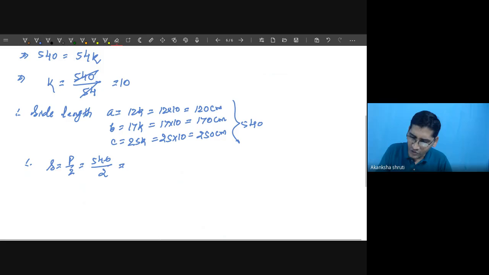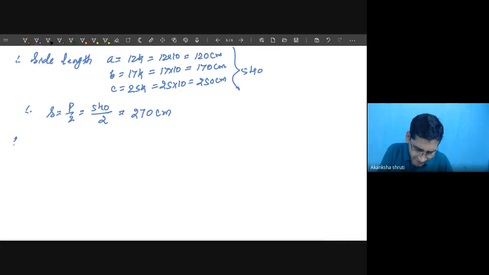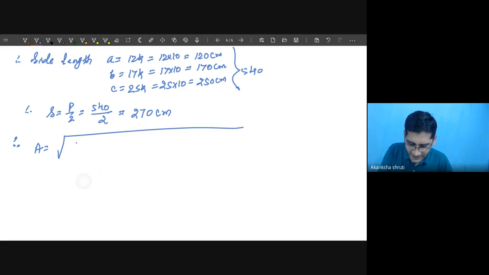Directly you can use it. So we have used that 540 by 2. It becomes 270 centimeter. Therefore, what is the area? The area is calculated by the square root of s times s minus a, s minus b, s minus c.